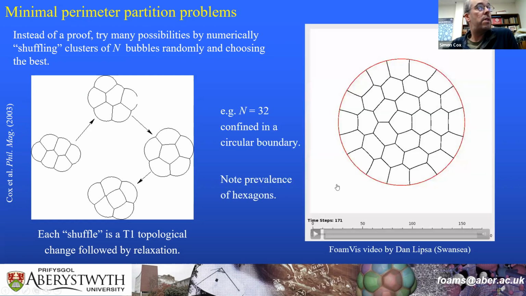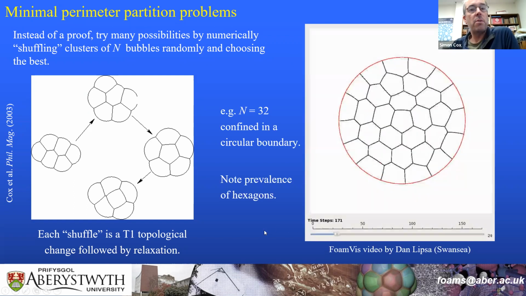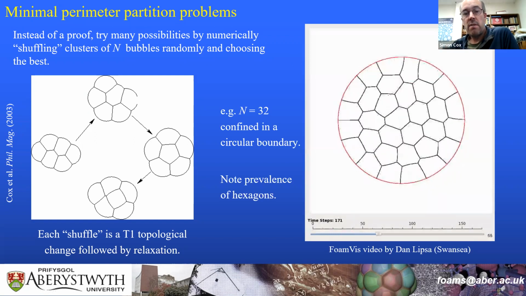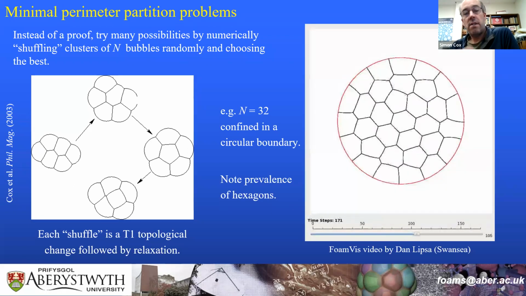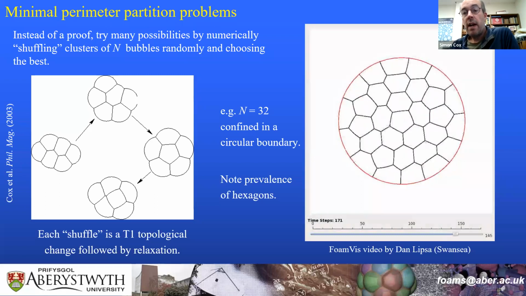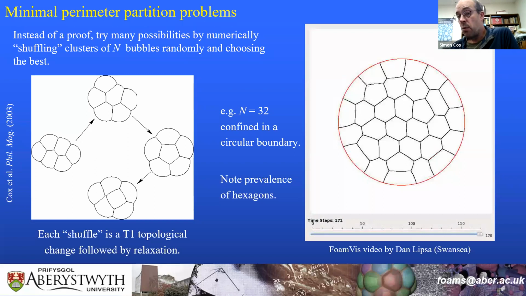And so here's, this one's constrained in a circle, but similar idea. Here's the sort of process that we go through with Surface Evolver. We try many things, sequences of these T1 shuffles, and at the end of the calculation, we just save the one that had the least total perimeter.